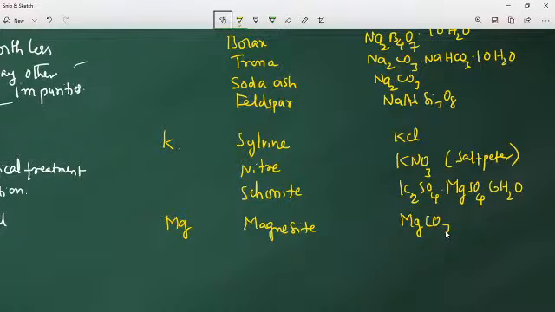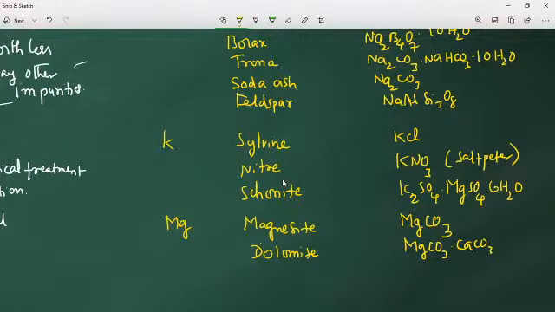Limestone, dolomite. Limestone is for calcium, and I will give you dolomite, that is MgCO3 CaCO3.